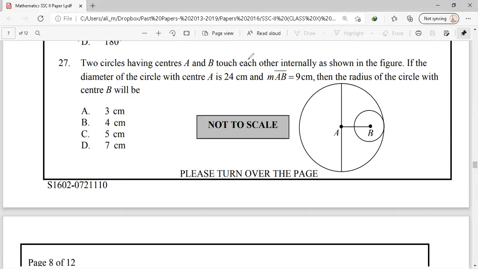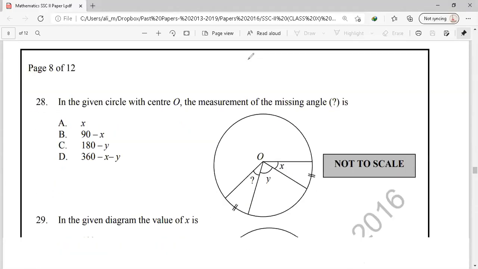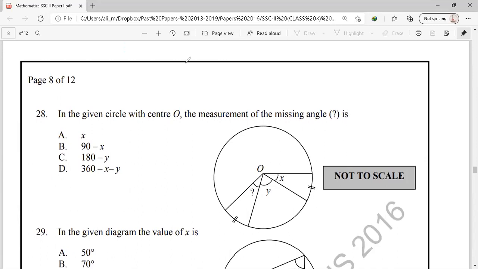So quickly let's move to question number 28. In this question, we have a circle in which the central angles are given as x and y, and one is unknown, and the minor arcs formed by these two radii are equal.